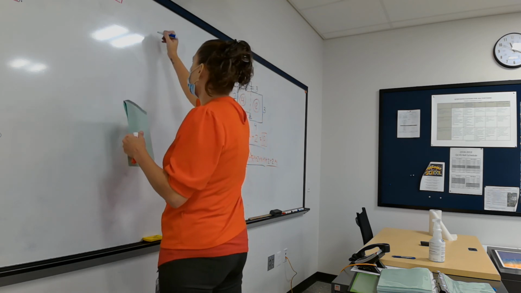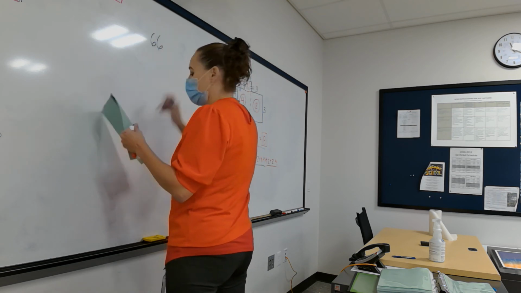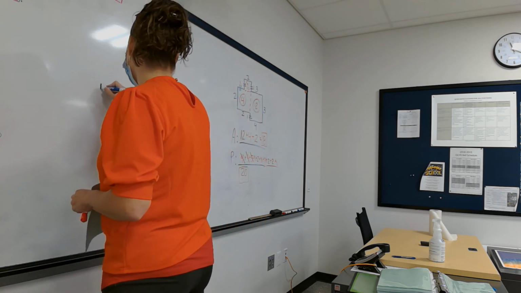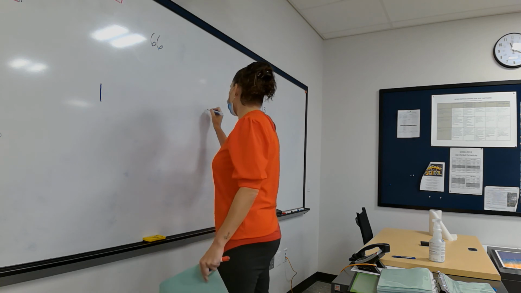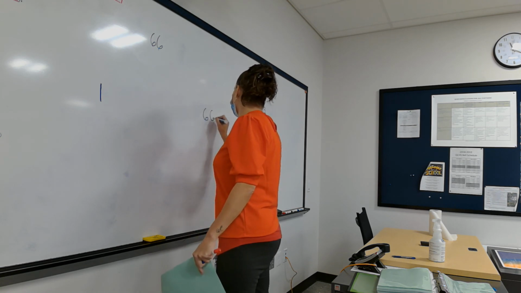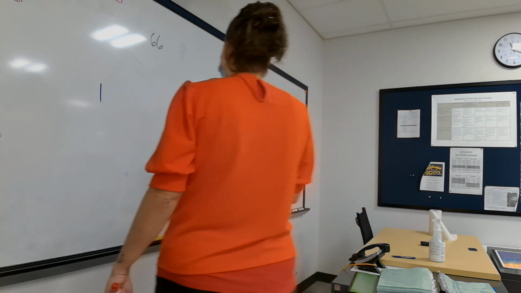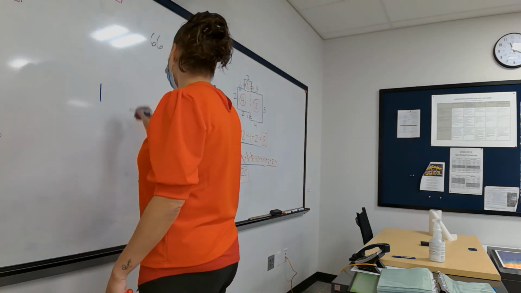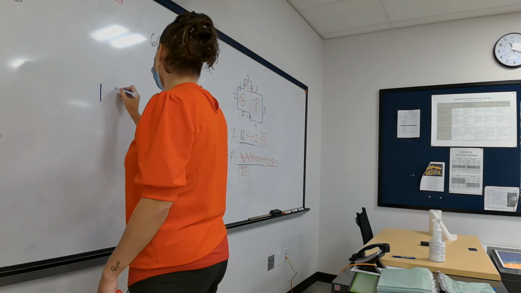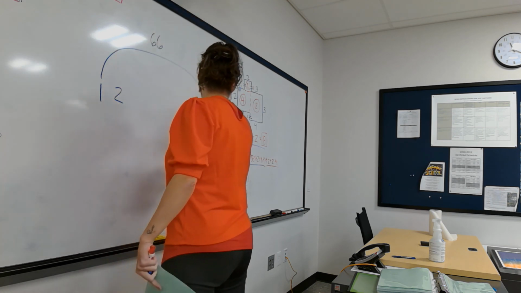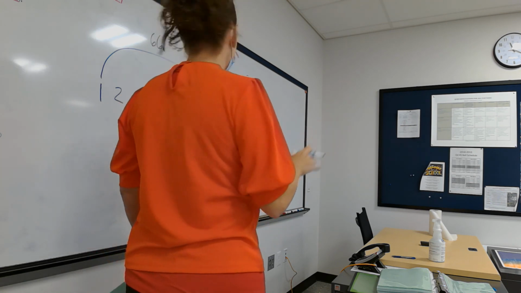So if I have 66, all right, remember you always start off, 1 and 66. Now you're going to have to use your calculator and think, or your divisibility rules. This is an even number, so I know 2 goes into it. So when you're creating your rainbow, you need to show me that arch, right?